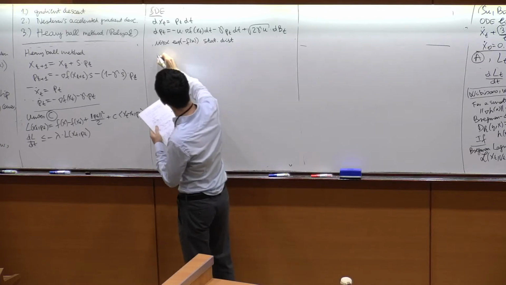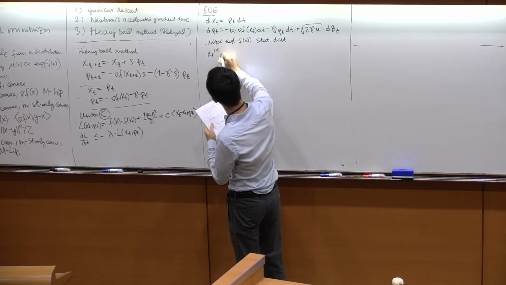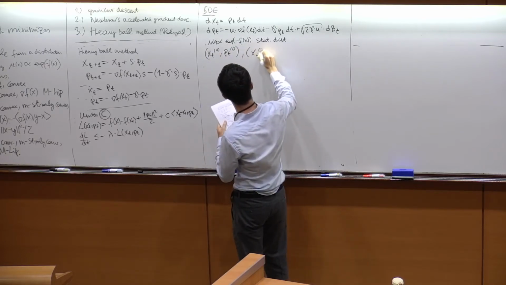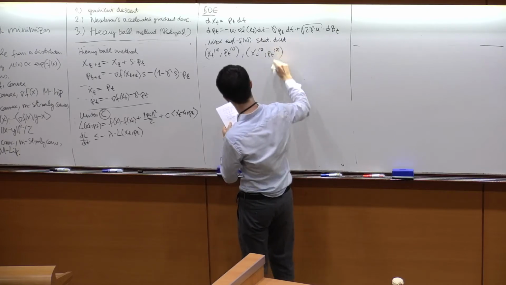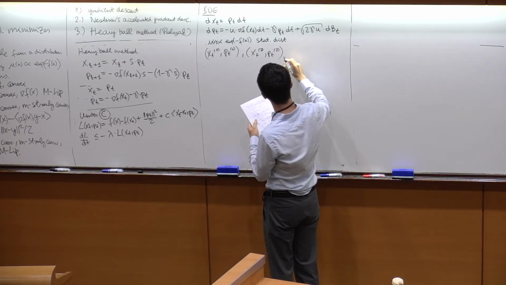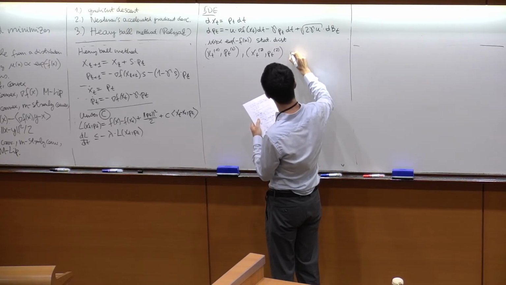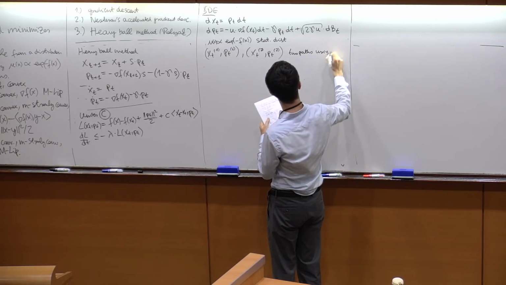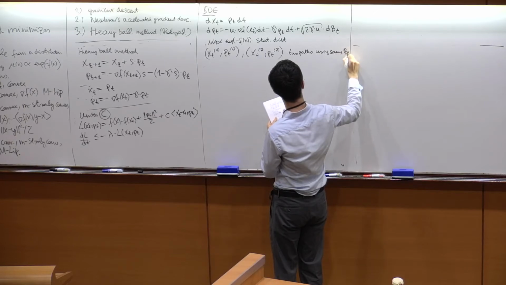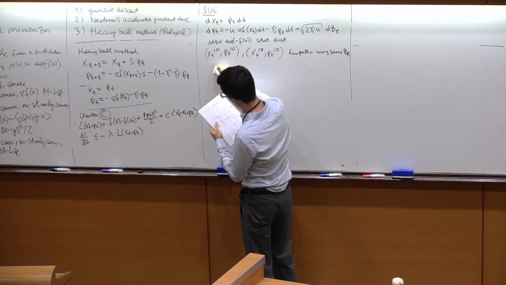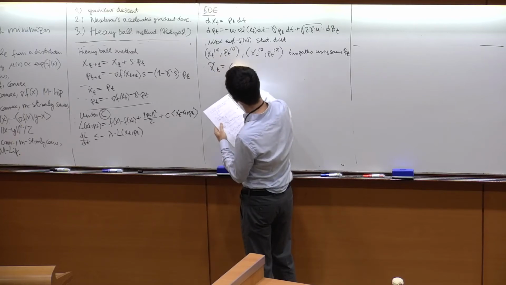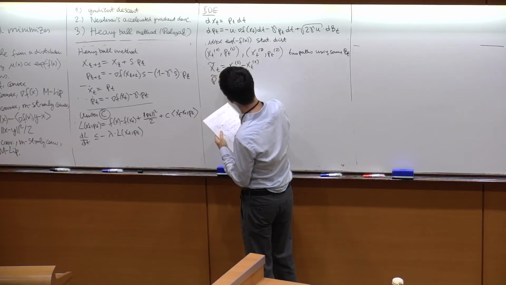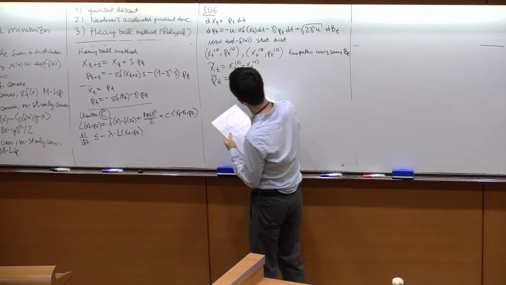So if you have two processes, (x_t^1, p_t^1) and (x_t^2, p_t^2), and these are two paths using the same B_t, I'm going to denote by x_t tilde the difference between the x components and p_t tilde the difference between the p components.